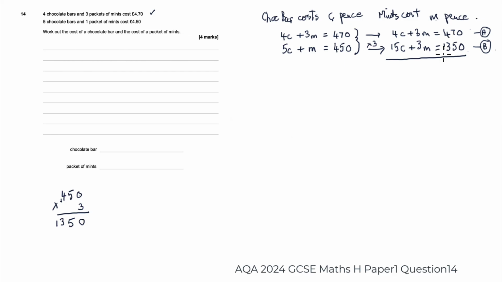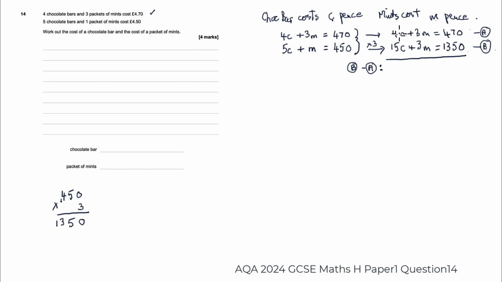Now, to avoid negatives, let's take away the first equation from the second equation. So we're doing equation B minus equation A. So we're taking the top one away from the bottom one.